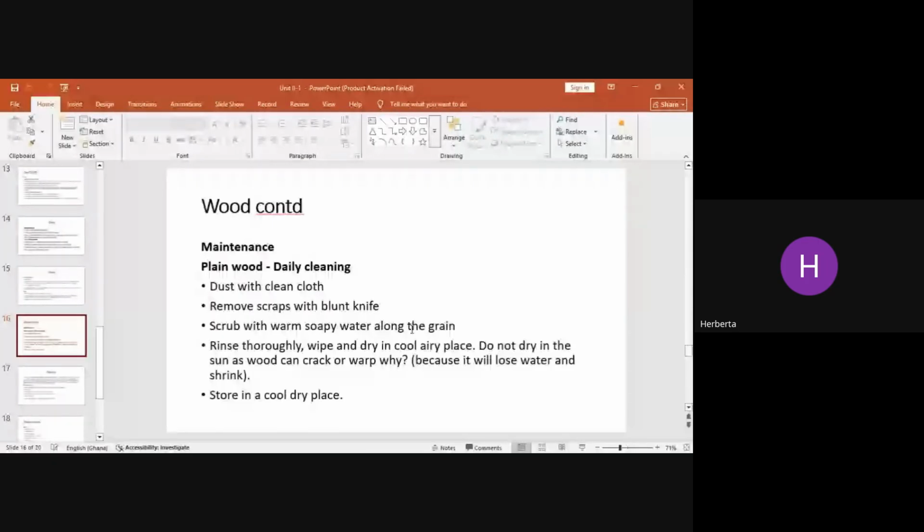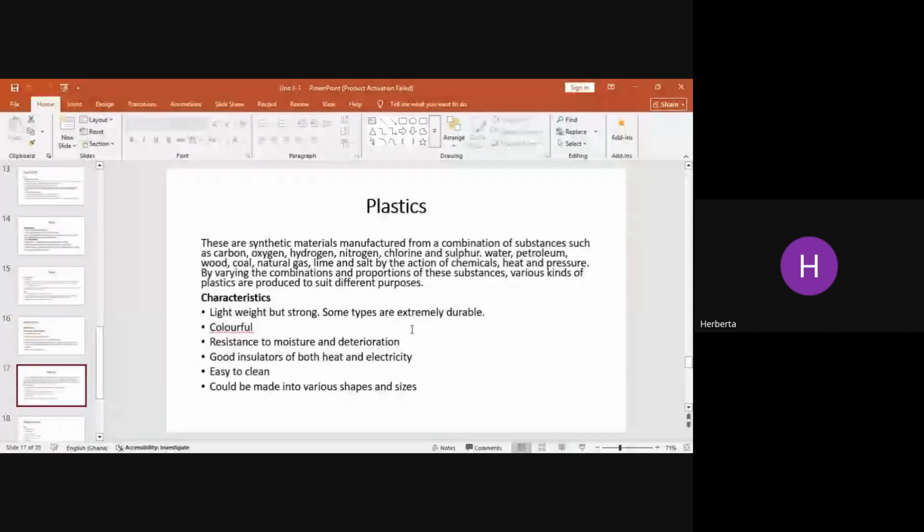Plastics. Another surface item. Now we are being surrounded with a lot of plastic, and some of these plastics are mostly synthetic, made out of carbon, oxygen, hydrogen, nitrogen, chlorine, sulfur, water, and petroleum.